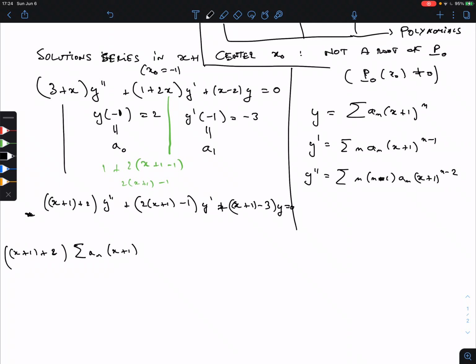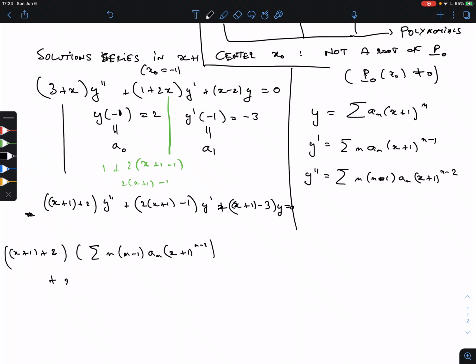So this is y double prime. I'm plugging in y. Okay, so I'm just going to plug in everything now. I'm not going to try to be smart at the moment. I'm just plugging everything in, and then we will figure out what is what.